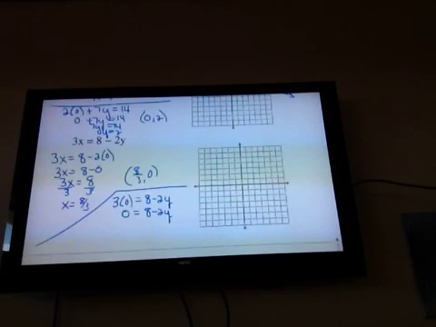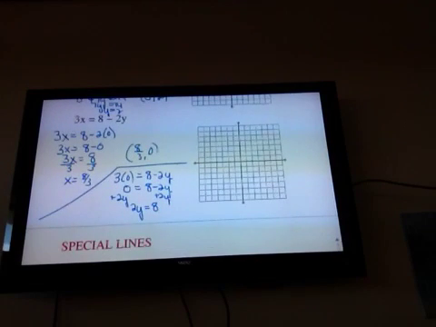I'll add the 2y. So 2y equals 8. And divide by 2. And y is 4. So again, you can see that the solving is imperative. Got to be able to solve.